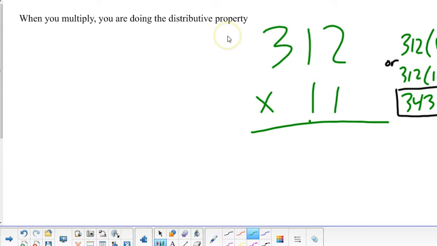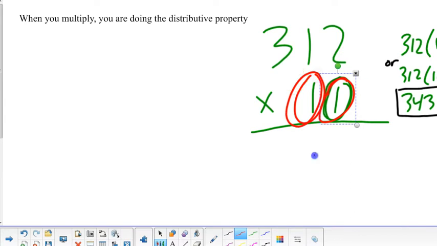When you actually multiply long ways, like you learned how to do in 3rd grade, what you're really doing is taking this 312 up here, this top one, and multiplying it by 1, and then multiplying it by 10. This 1 is not really a 1, it's in the tens place, so it's a 10. And then you're adding them together.